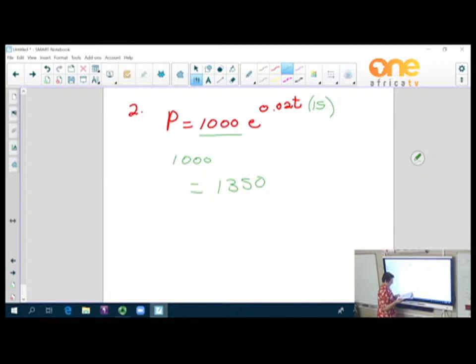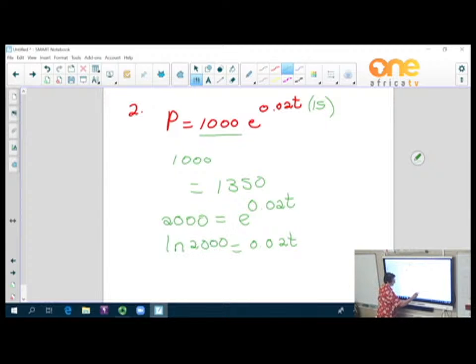And then in what year will it be twice? So it was initially 1000. Double or twice is then 2000 = 1000e^0.02t. To get rid of the e, we ln, so it's 0.02t is equal to ln 2.